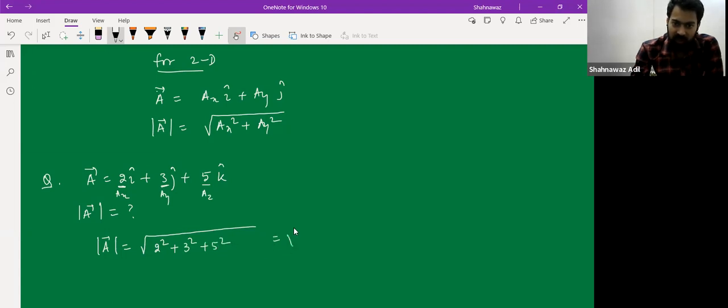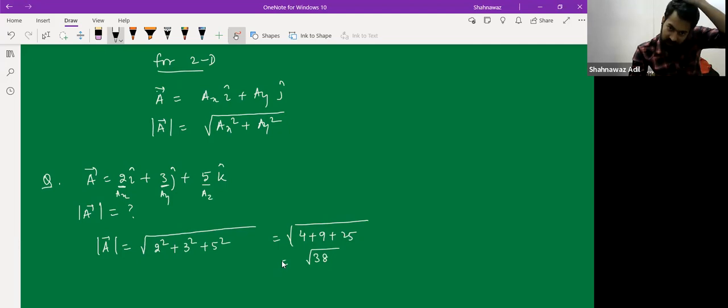So this would be 4 plus 9 plus 25. 13 and 25, 38. So this would be root 38, right? Did you get this value?